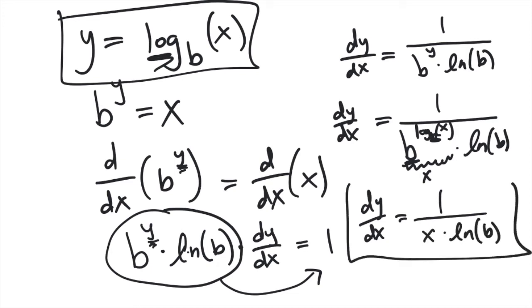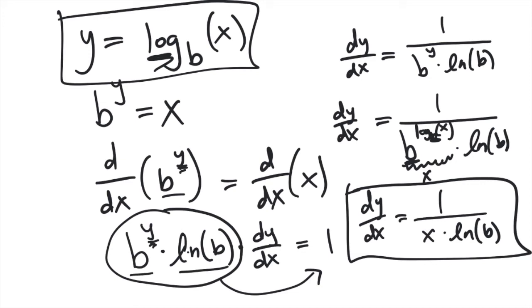Okay, so that's what our derivative looks like. And again, b is just whatever your base is. It's just a constant here. I want to encourage you to think back to when we talked about the derivatives of exponentials, which actually shows up on the bottom left here. We took the derivative of b to the y and we got b to the y times the natural log of b. There was an extra natural log of b showing up in that derivative.